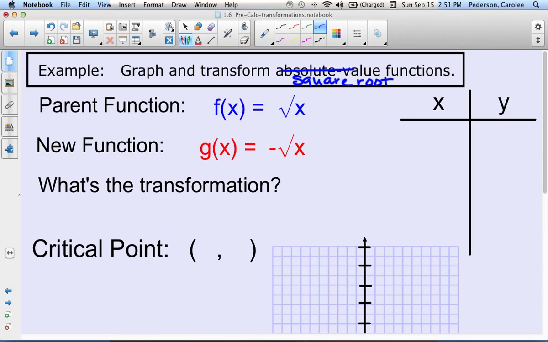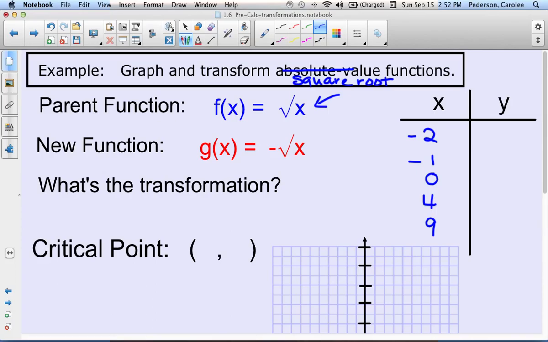For f of x in the blue, -2, -1, 0, let's do 4 and 9. All right, I'm evaluating it for f of x, and we're square rooting it.